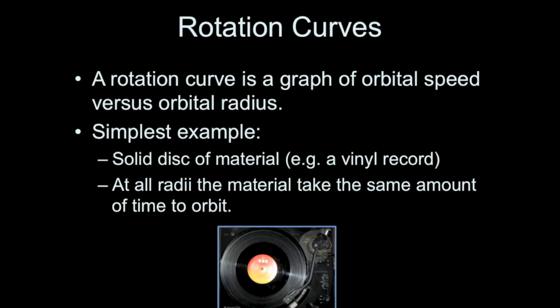The simplest example would be a solid disk of material, something like a vinyl record, where every piece of material takes the same amount of time to orbit around the center as the record spins. That means a piece of the record that's furthest out, in order to spin in the same amount of time as something near the center, needs to go faster.